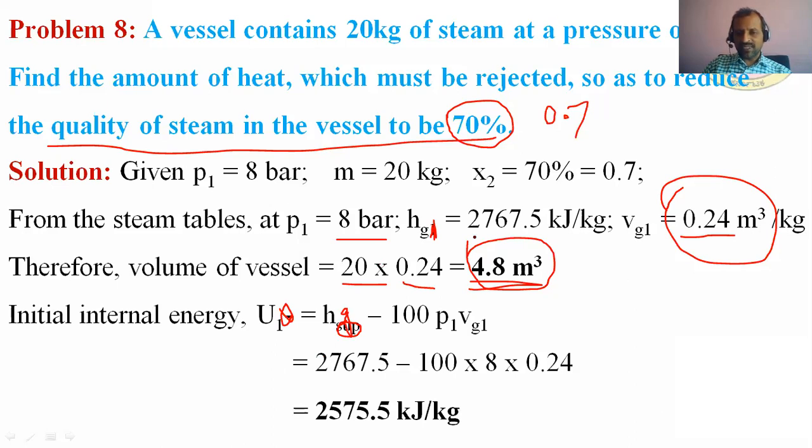Substitute the value of Hg that you have taken here: 2767.5 minus 100 into 8 into 0.24. So you will get the value 2575.5 kilojoules per kg. This is the initial internal energy, right?